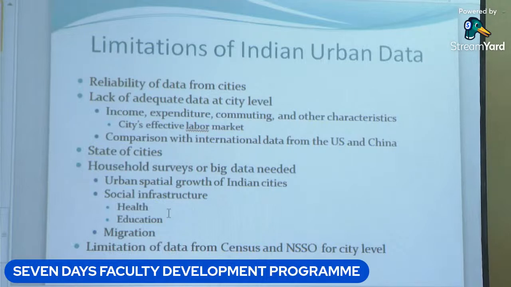If you want to do something based on NSS for Bangalore, only about 800 observations will be there, and that's not enough for cities. For urban versus rural, that is okay, but that's not okay for city level data. That's one thing I want to say.